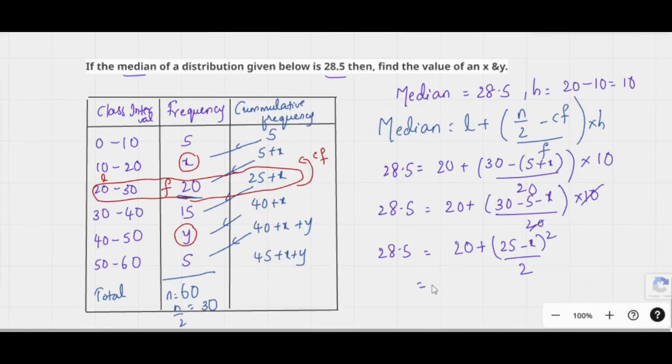Alright, now take out the LCM. Don't need to take the LCM, right? Why we have to take the LCM? I want to just bring this 20 this side. So 28.5 minus 20 is equals to 25 minus x divided by 2.